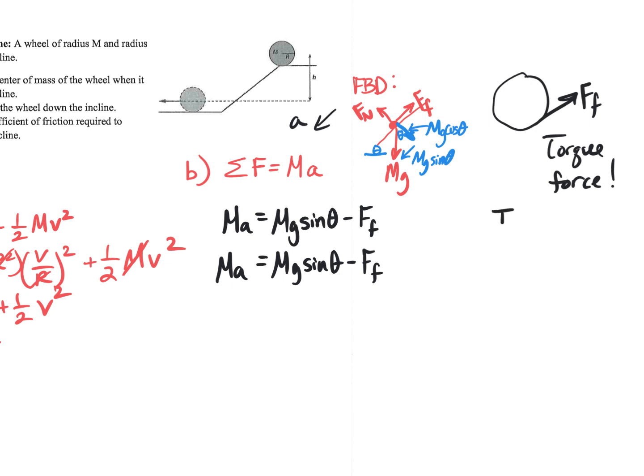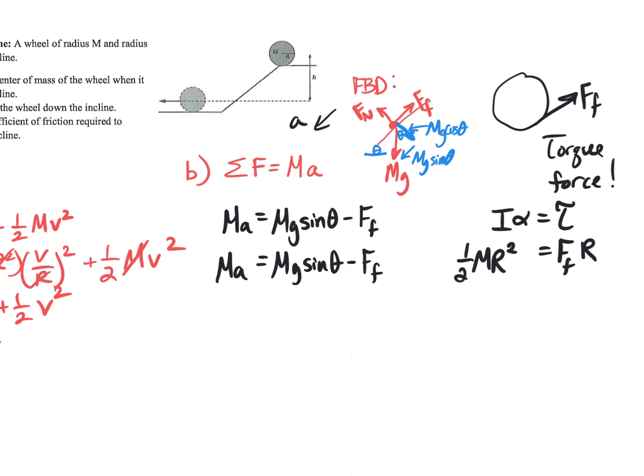So what we know is I alpha equals the torque, doesn't it? Okay, well, the torque is the force of friction times the radius of the ball. I, for this wheel, we said was 1/2 mr squared, times alpha.